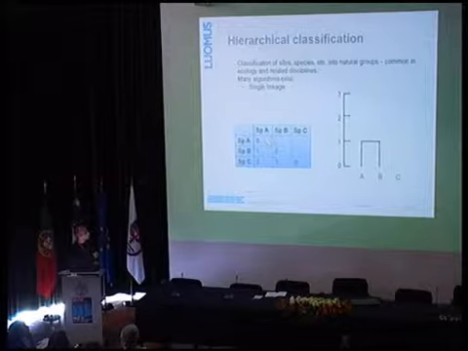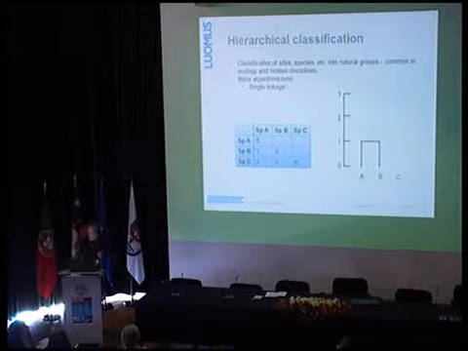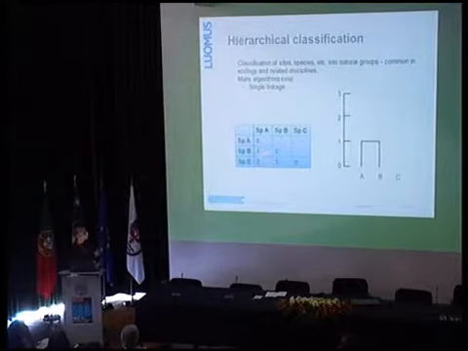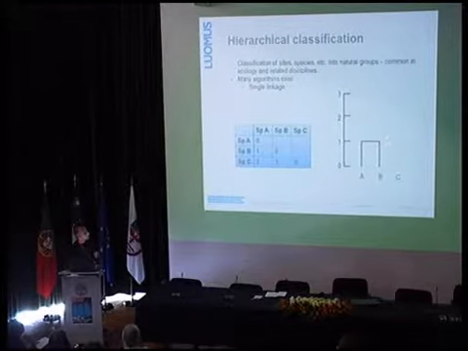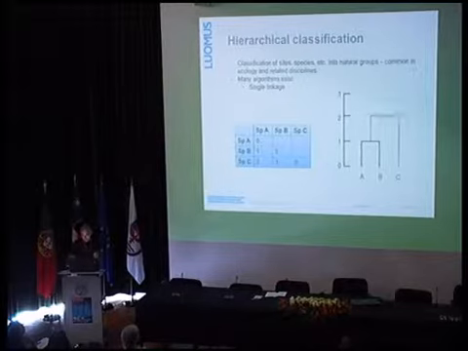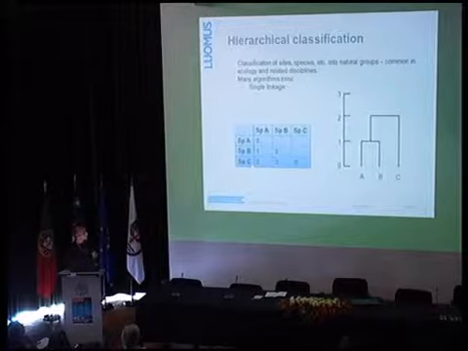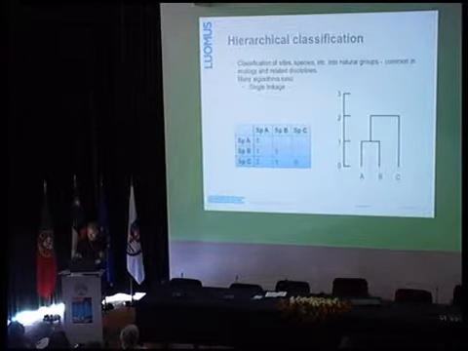It's relatively close to species B. It's farther away from species C, but species B and C are even further away. What single linkage does is first see which of these species is closer. In this case, it's A and B, and it connects them by this level of dissimilarity, 1. And then it adds the third species at the minimum distance between it and any of those belonging to the group already formed. This is single linkage.